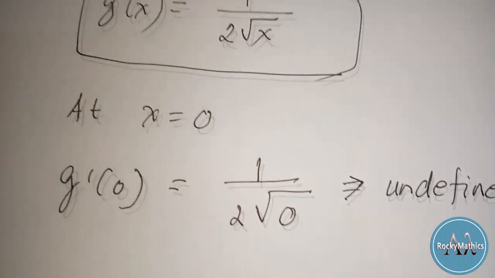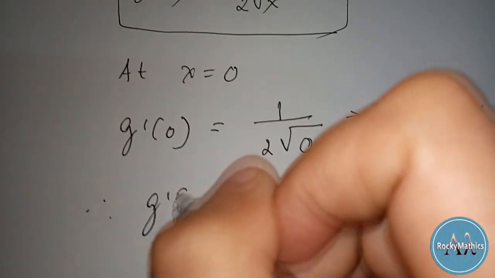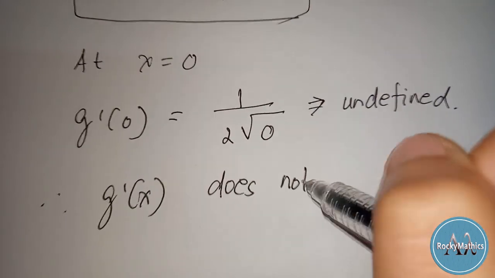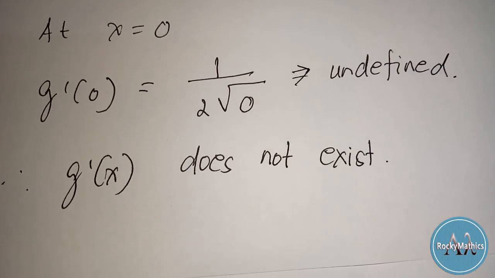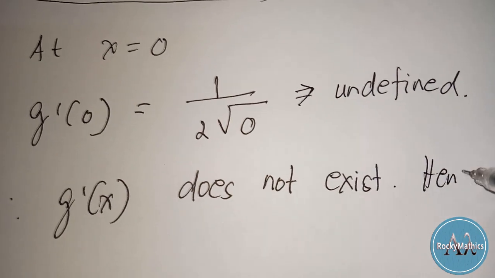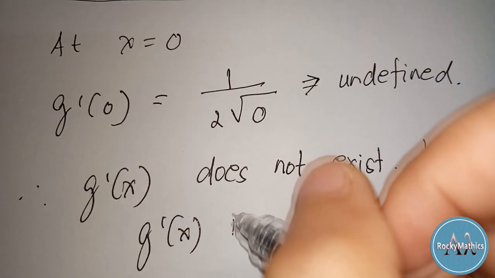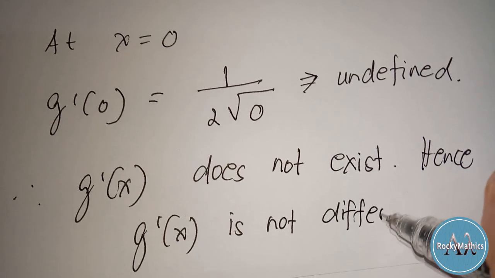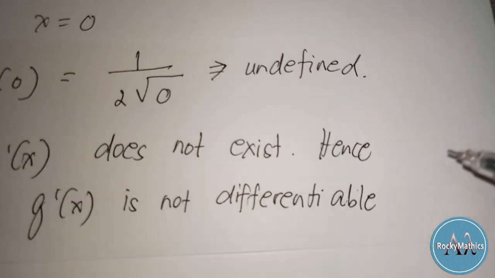Undefined, meaning the derivative, therefore, g prime of x does not exist. What does it mean? The derivative does not exist, hence g of x is not differentiable at what value?